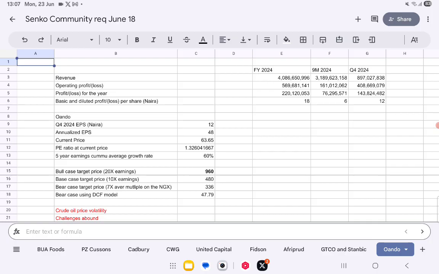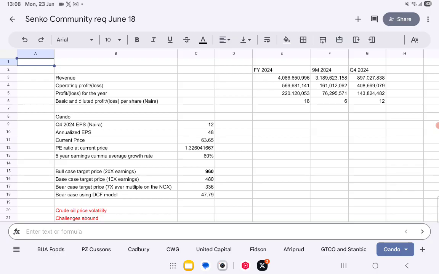What I did was to take FY 2024 numbers, take 9-month 2024 numbers, and when you subtract, you get the figures for Q4 2024. And so what I did was to say, look, let's assume you have a similar run rate all through the year. It means that you could end FY 2025 with 48 naira in earnings.